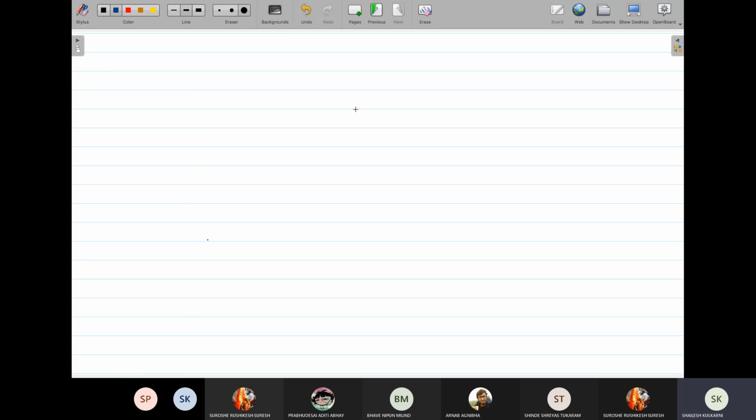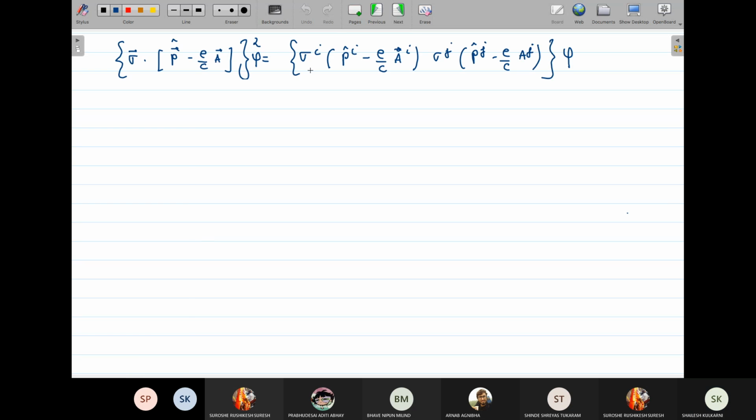We are looking at the term (sigma dot (p minus e by c A)) squared, which should act on phi. I can write this as sigma_i sigma_j, (p_i minus e by c A_i) and (p_j minus e by c A_j), acting on phi.